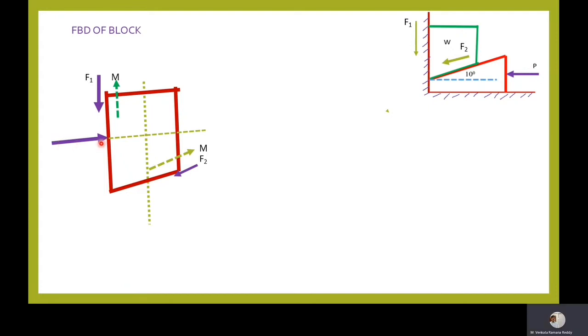N1 is the normal reaction onto the block. N2 is the normal reaction on the block at the contact of the wedge surface. W is the weight of the block, that is 1500 newtons. N1 and F1 are replaced with the resultant force R1. F2 and N2 are replaced with the resultant force R2.